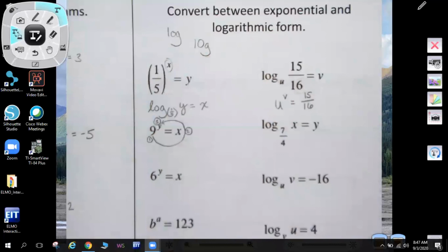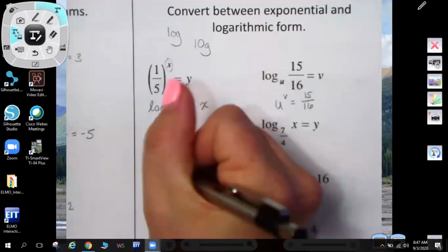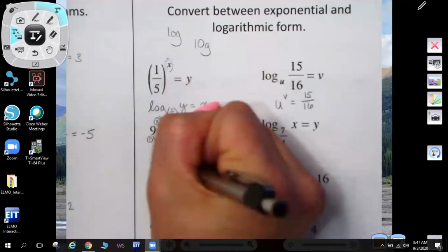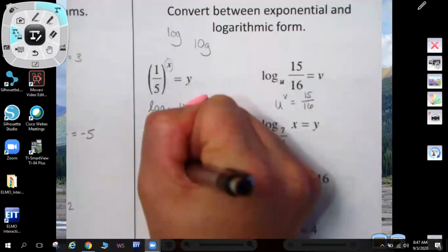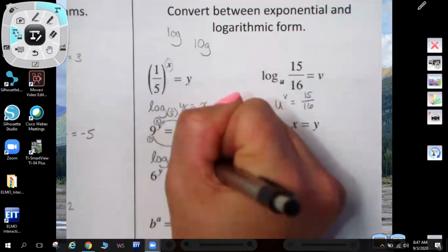Okay, so the very first thing we have to write is log, because we're trying to change this to log form. Then we can follow our loop. So our base is 9, then x equals y.